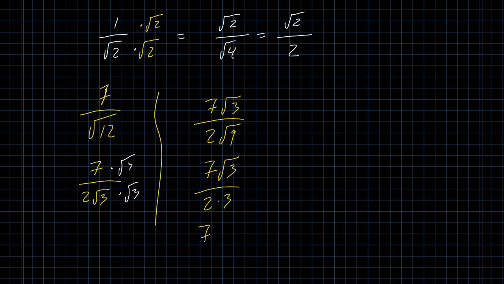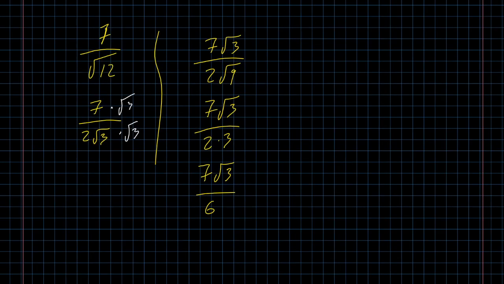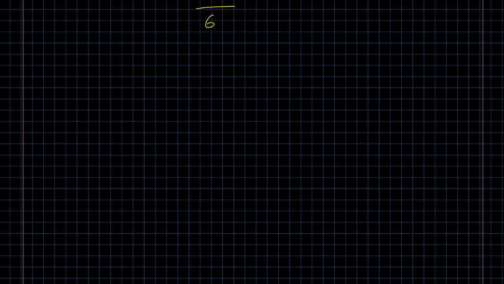And 2 times 3 is 6. Right, so we can rationalize something that has a square root in the denominator. If it has the square root and other stuff in the denominator, then it's still the same process. But that does actually still rely on the other stuff is multiplication and division.